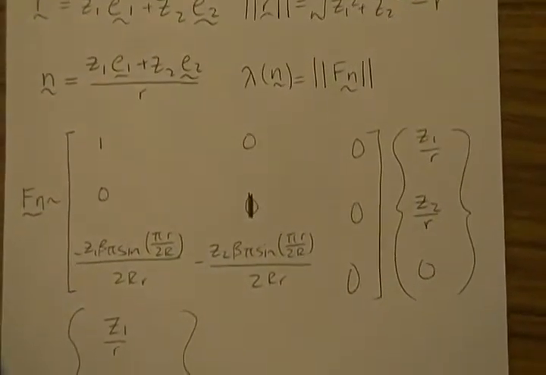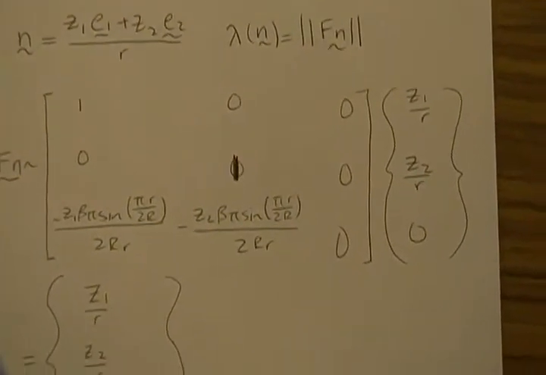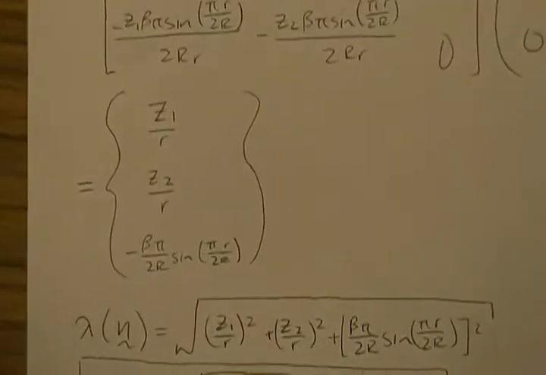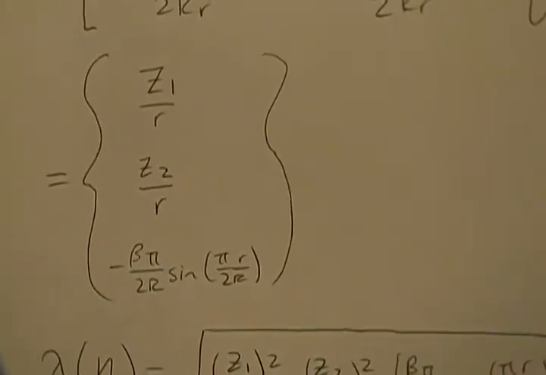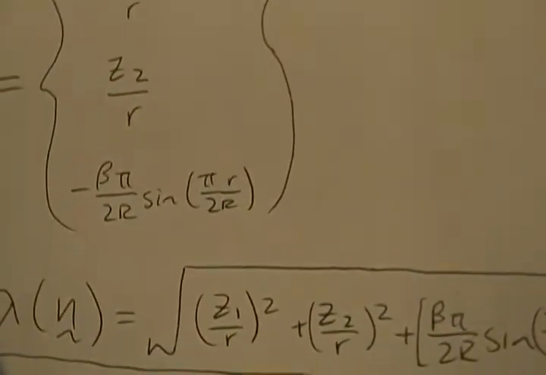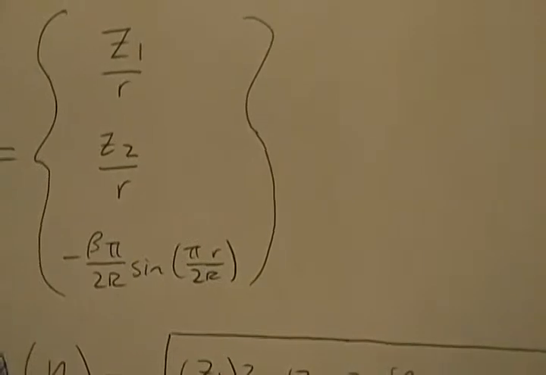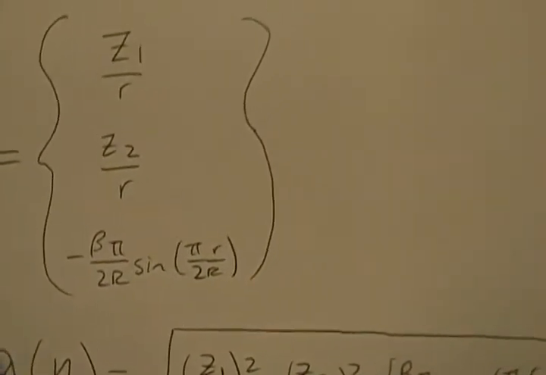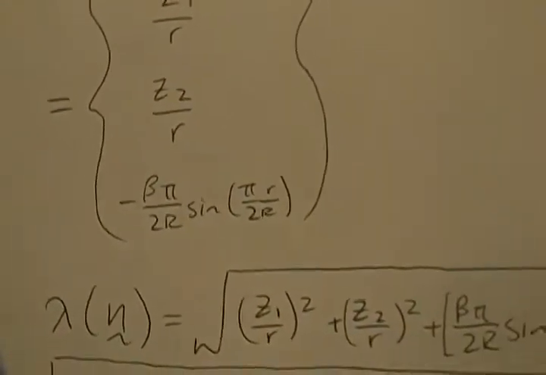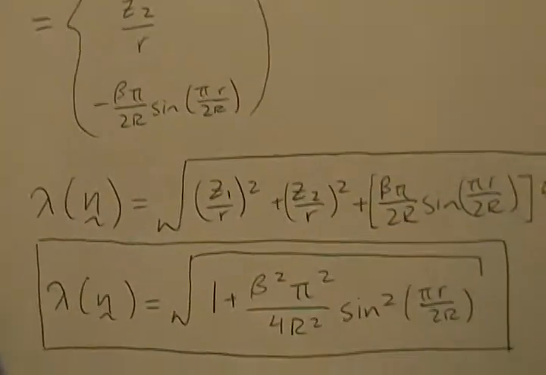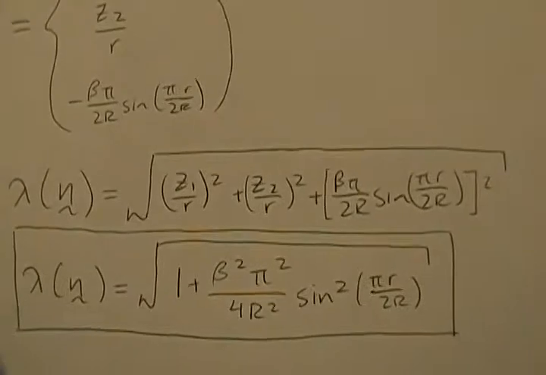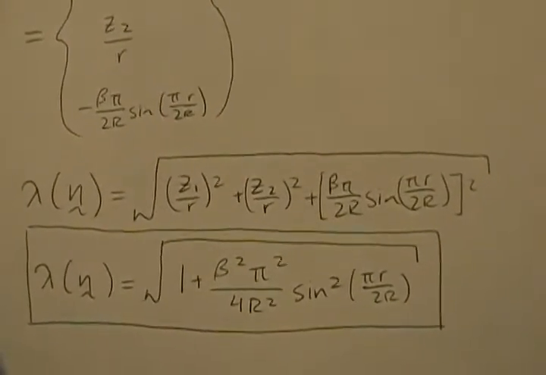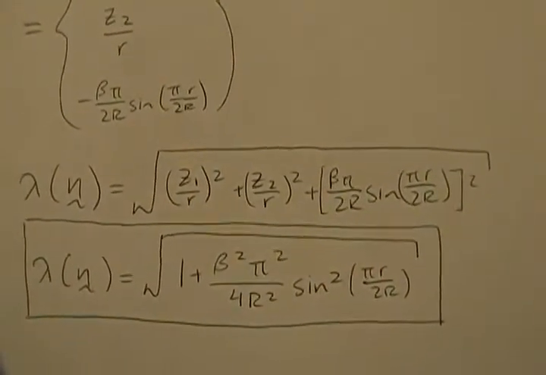F operating on n is then equal to z1 over r e1, z2 over r e2, minus beta pi over 2r sine of pi r over 2R in the e3 direction. Lambda n is then the magnitude of this vector, which can be seen here.